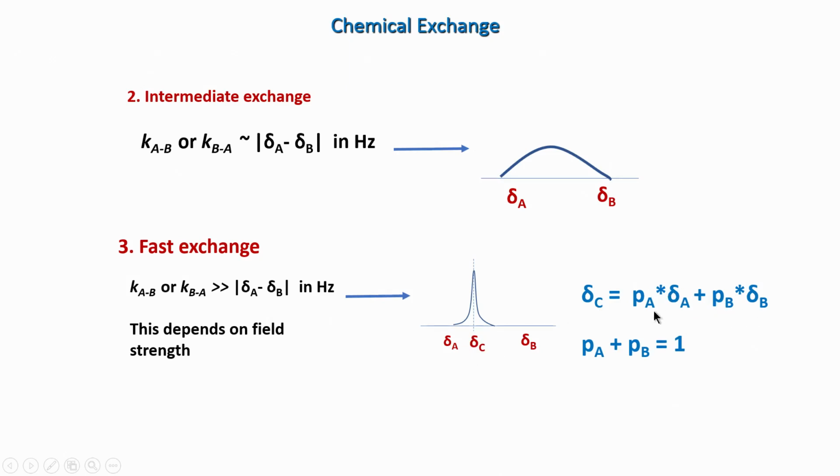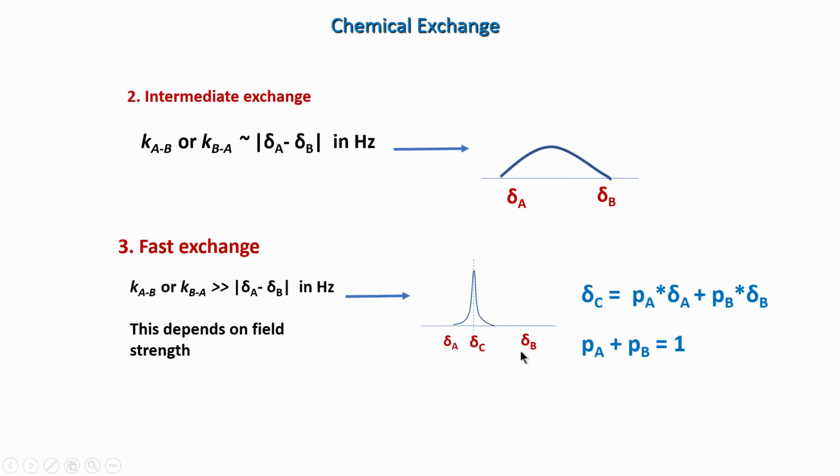Here it says that delta C, where the final merged peak comes, is equal to the population, meaning how much percentage of A is present in the sample, multiplied by the chemical shift of A, plus the percentage of B population, that is how much of B is present, multiplied by the chemical shift of B. You see what is happening is we are dividing the population into two parts, because we are looking at either A or B, so we assume the total population to be constant.